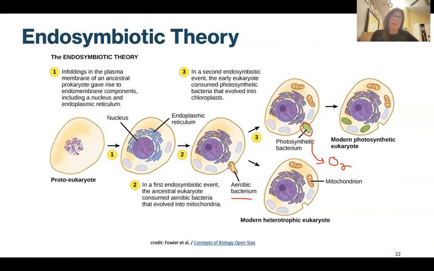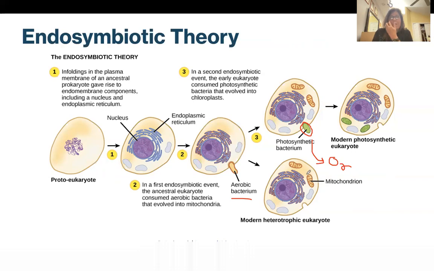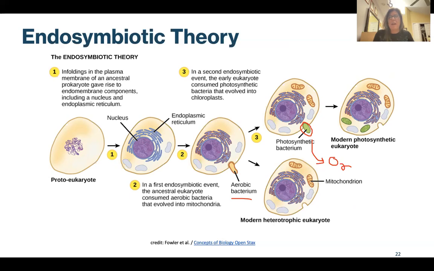Cells that had the little aerobic bacterium could now cope with oxygen, and they got food, ATP, from the little guys. So they got a home and food, and the big cell got protection from the oxygen, and they got ATP. It was a win-win.